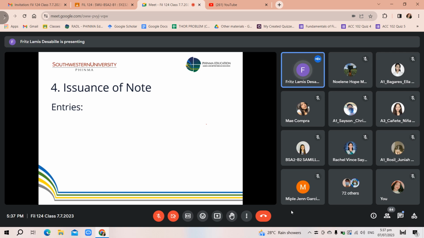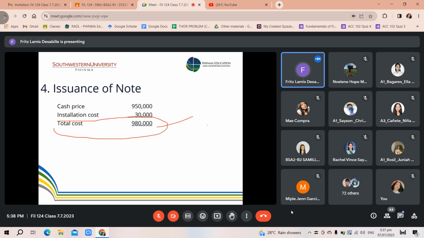Okay, because there are things that might pop up, no? Although it is not important right now, because our only concern is the measurement of the PPE. Later on, in higher accounting subjects like financial accounting or intermediate accounting that you will enroll in, you will be concerned with the recording of the note payable.